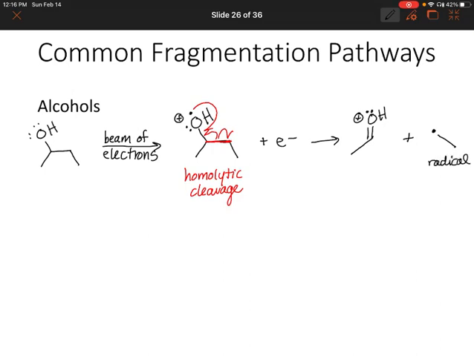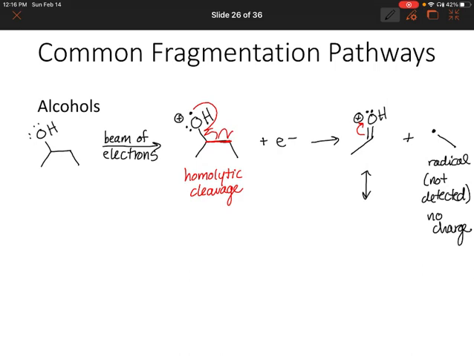Now, remember, in order for the detector to pick up on a molecule, it has to have a charge. So the radical does not have a charge, so it will not be detected. However, the other product is charged, so it will be detected. Now, there is a resonance structure for our positively charged product. So the pi electrons can move up to oxygen.